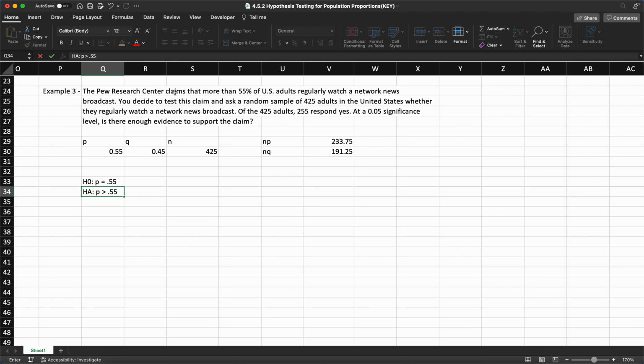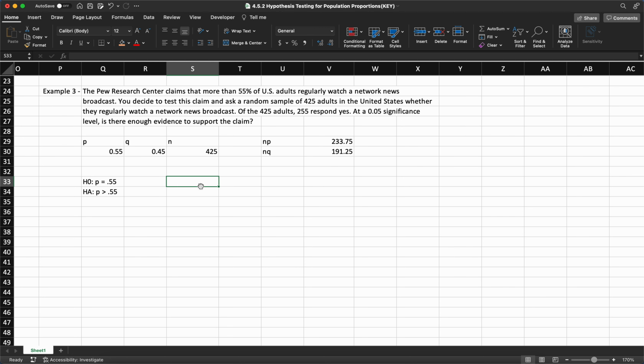The way this is worded, the Pew Research Center is claiming this, so we are going to see if that is indeed true. Historically, it would be 0.55. That's what we're testing against.